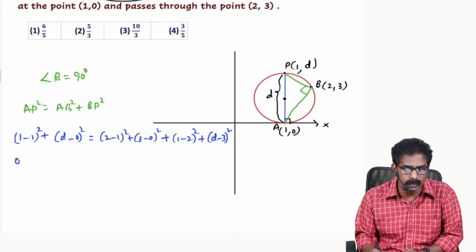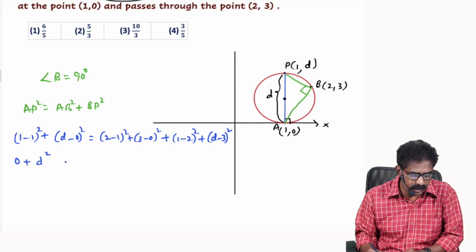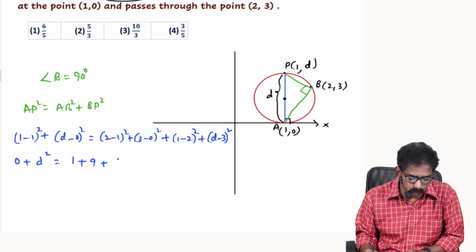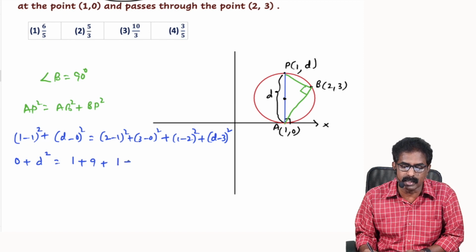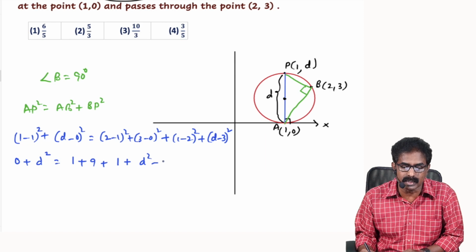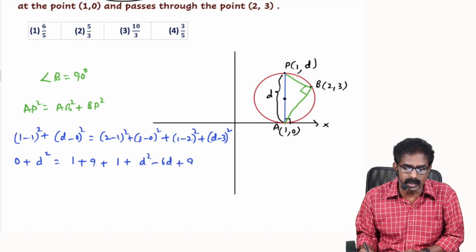1 minus 1 is 0 plus d minus 0, d only, so just you write d square is equal to 2 minus 1 is 1, 1 square it is 1 only. 3 minus 0, 3 square 9. 1 minus 2, minus 1 square is 1. And the last one you expand it, (a minus b) the whole square. a square minus 2ab, 2 3s are 6, 6d plus b square is 9.